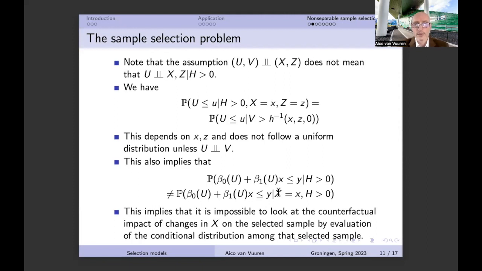So this, for example, is the wage distribution among the individuals that have a college degree. And that's, of course, quite different. The distribution that we expect at the moment that everybody has a college degree in our sample is different from the distribution of wages among those individuals that do have a college degree.